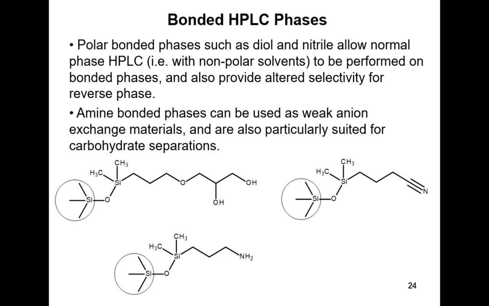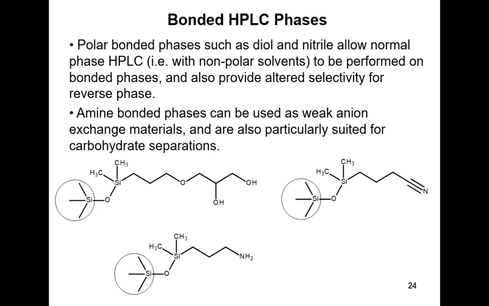So these OH groups attached to carbon won't be as polar as the OH groups on silica, and triple bonds will have different polarity again, not hydrogen bond donors, for example. So you can do something like normal phase chromatography, but varying the nature of the polar interactions which are occurring at the surface.